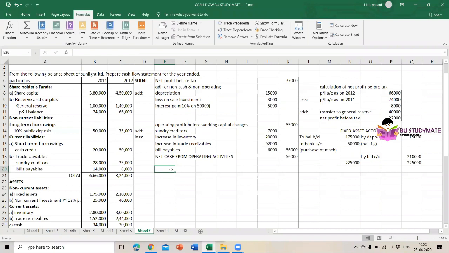Then we have cash flows from investing activities. What all things we have? We have the asset we are purchasing.